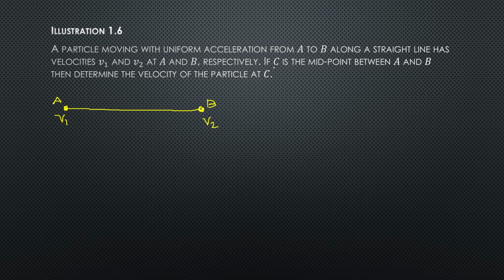Point C is the midpoint between A and B, approximately here. Determine the velocity of the particle at point C. I'll assume at point C the velocity is v.